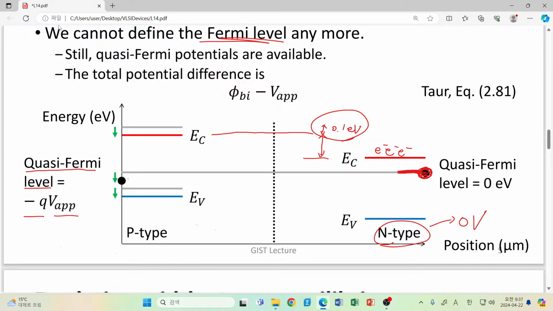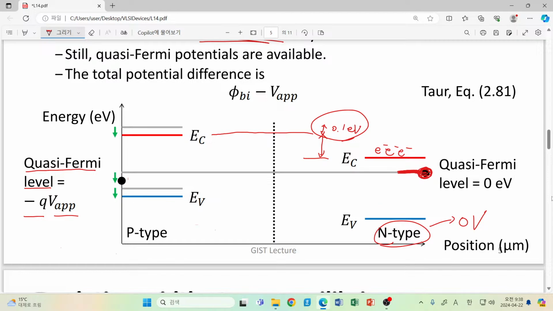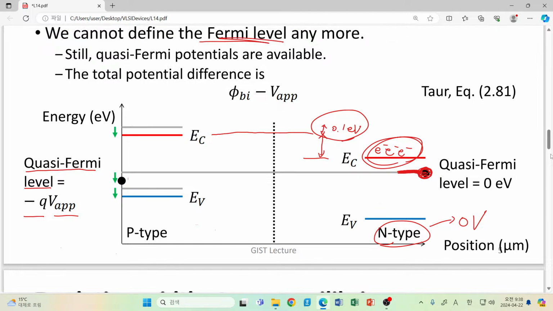So from the viewpoint of our electrons located here, the Fermi level determines the driving force, its gradient. If we have a gradient of quasi-Fermi level, it means that there will be a flux. Do you remember this?